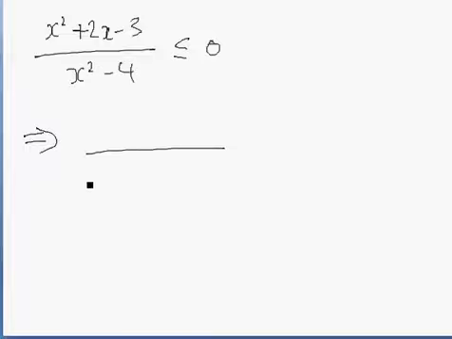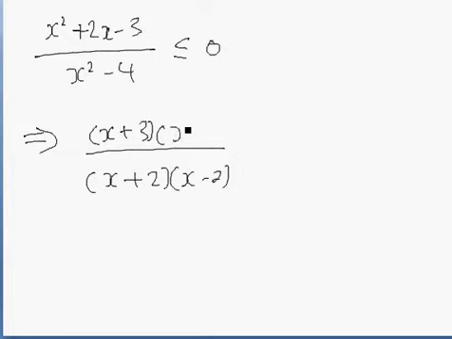So I can write it as (a plus b)(a minus b). The numerator, I can write it as (x plus 3)(x minus 1) less than or equals to 0. So this is what I mean by completely factorized form, if possible.